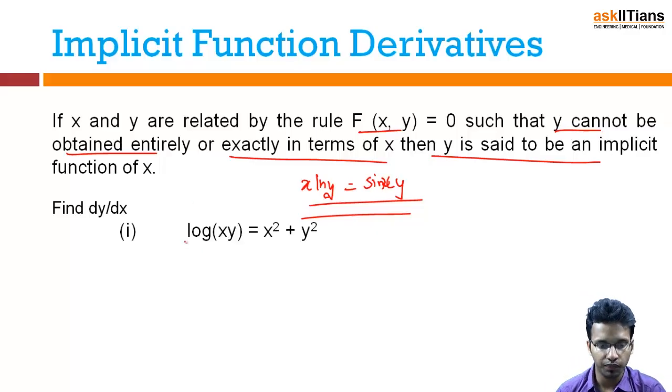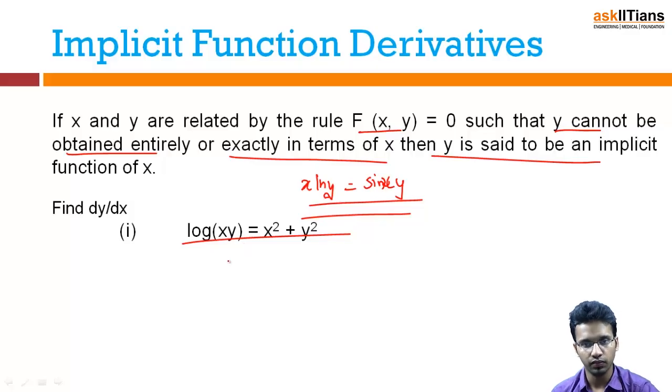Now log xy is equal to... again here you can see that no matter whatever you do, you cannot separate x and y explicitly. You cannot write y is equal to f of something. So here we follow the same thing.